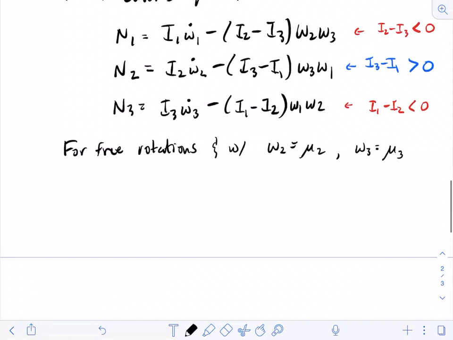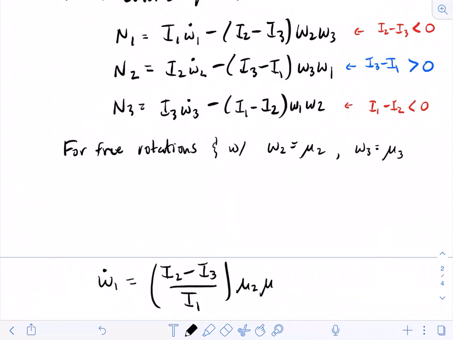Okay, and so what do we get? N1 is 0, and if we solve for omega 1 dot, we get (I2 minus I3) divided by I1, and then omega 2 omega 3 becomes mu 2 mu 3.